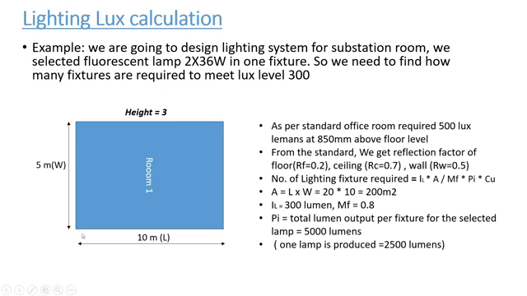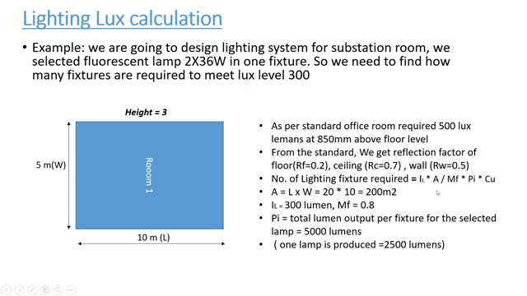Length is 20 meters, width is 10 meters, and height is 3 meters. For the area formula, just length into width: 20 into 10, 200 square meters.